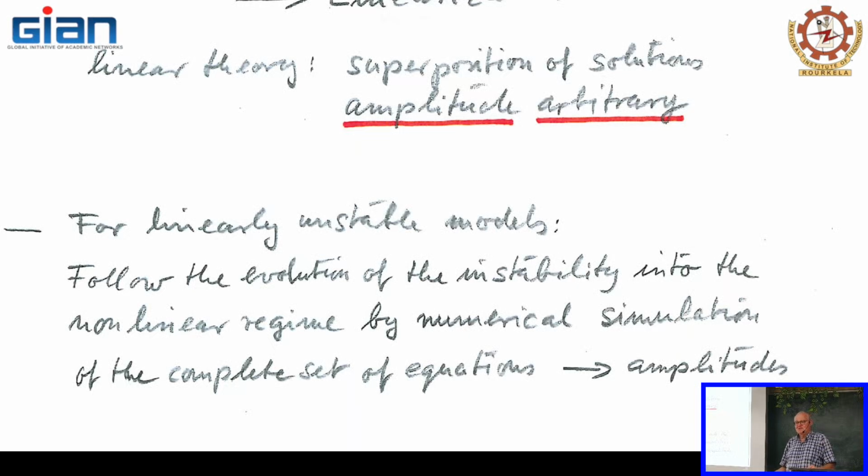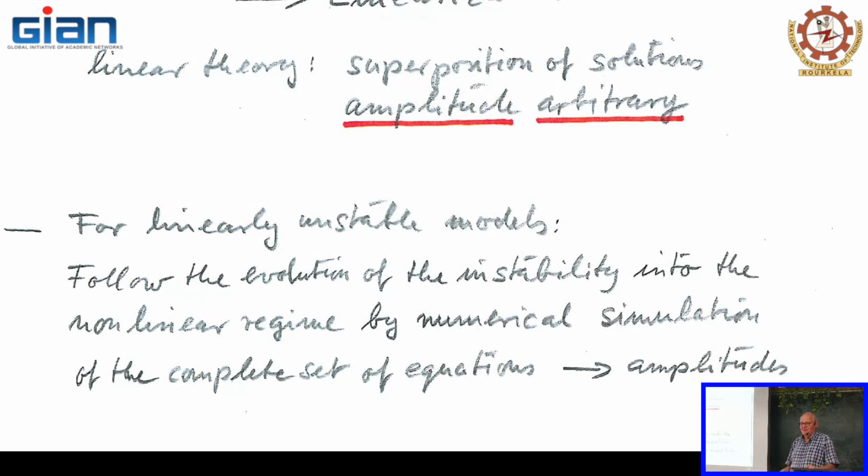Construct a hydrostatic stellar model, do a linear stability analysis, and the third one, once you have an unstable model, then you follow the evolution of the instability into the nonlinear regime and determine amplitudes. And if the instability is very strong, you may not even be able to determine the amplitude, but the star may get disrupted by an instability.